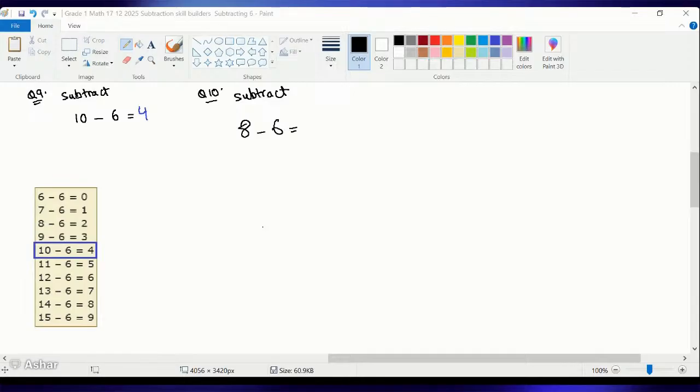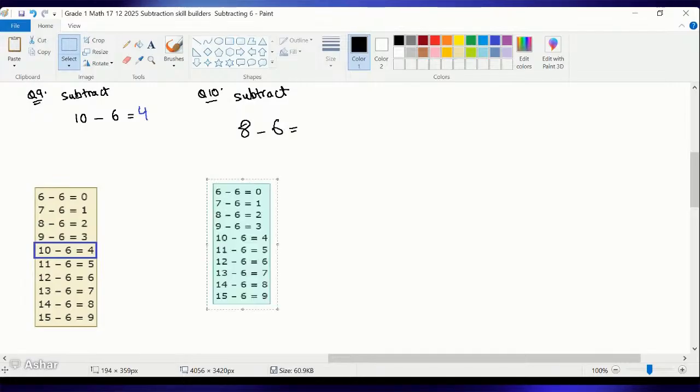If we have the grid over here and compare, 6 minus 6 was 0, 7 minus 6 was 1, and 8 minus 6 was 2, right? So we can say that 8 minus 6 is 2.